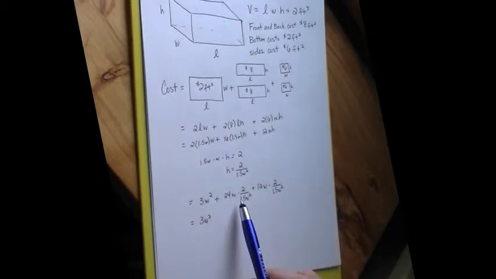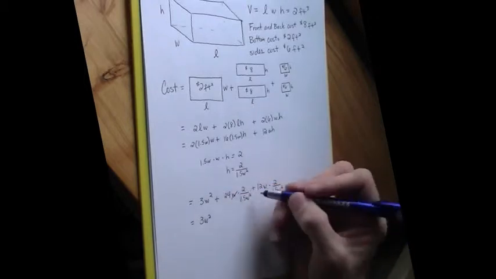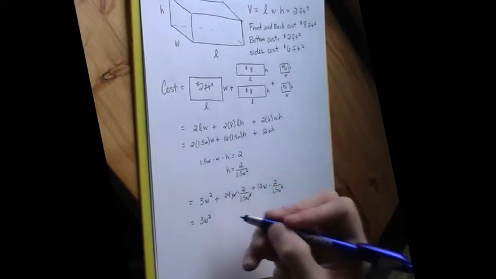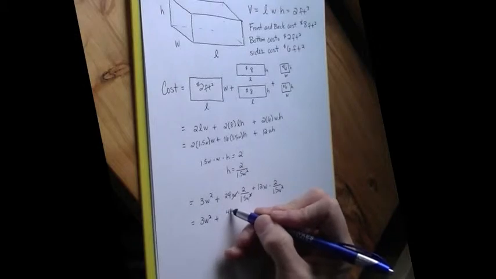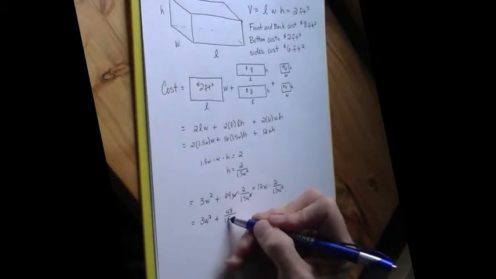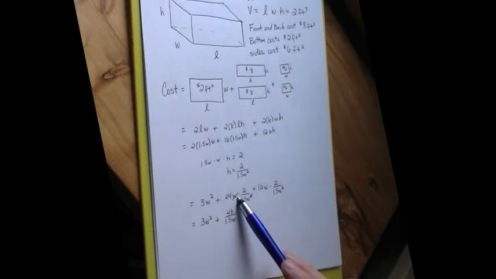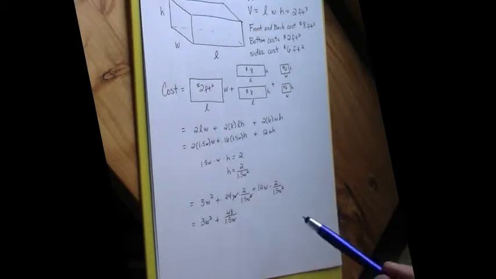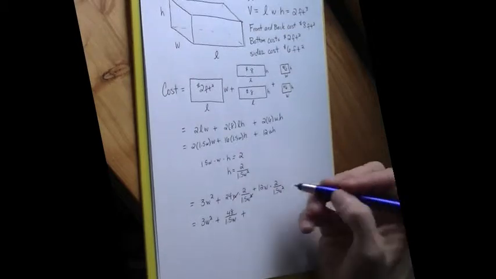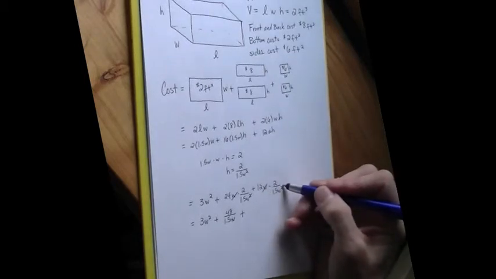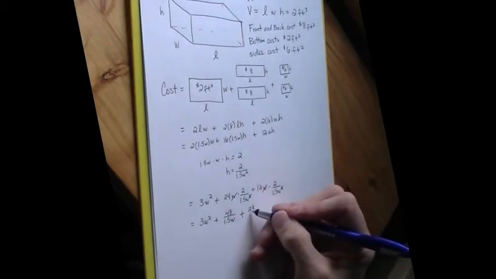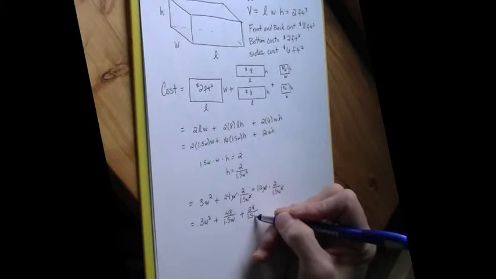I probably want to clean this up a little bit more, so this term can't be reduced anymore, but here, this w cancels into one of those, and so I can rewrite that as 48 divided by 1.5 w to the first power, because this w canceled one of those. And then similarly here, this w cancels one of those, and I get 24 over 1.5 w.